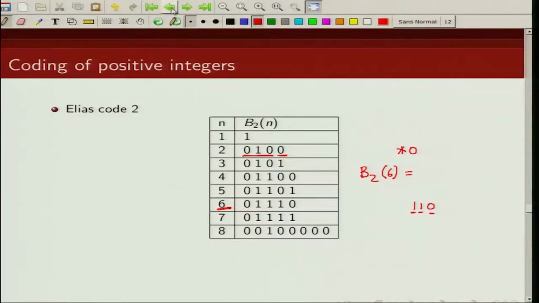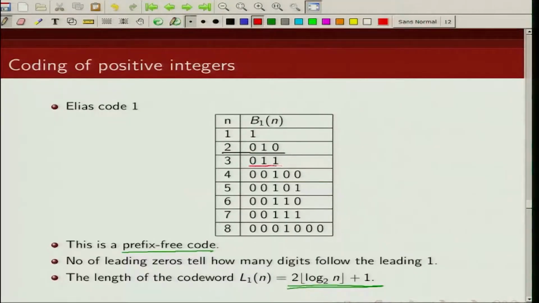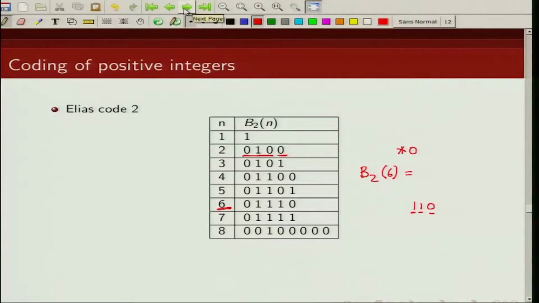So what is Elias code 1 of 3? That is 011. So what we are going to do is first write 011, and then this has to be followed by the binary representation of 6 with leading 1 removed. So if we remove this leading 1, we are left with 10. So that's your 10. So then Elias code 2 for 6 is 01110.